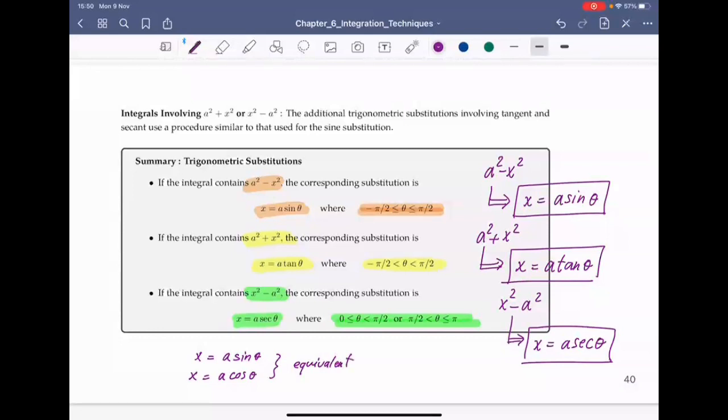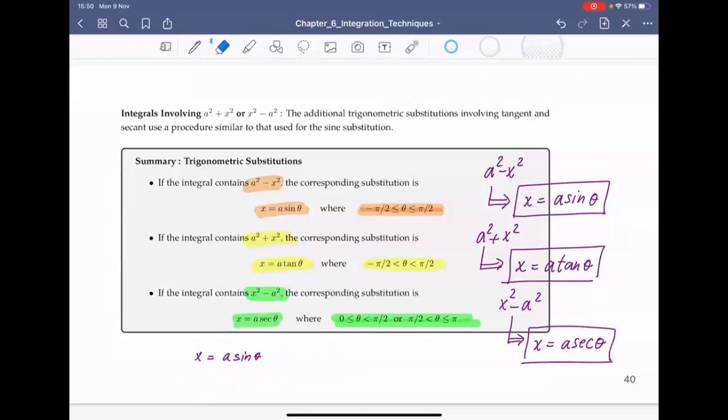So to reduce the things that you have to memorize, we say let's just memorize only one, x equal to a times sine theta. It is redundant to memorize 2 things and get the same result. That's my understanding.